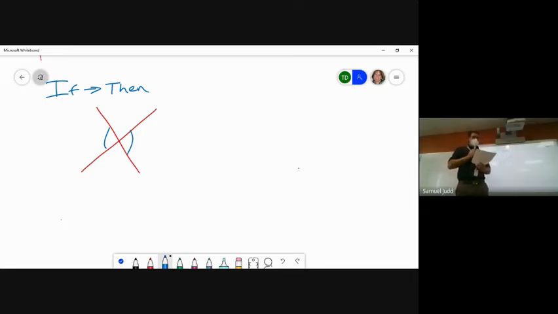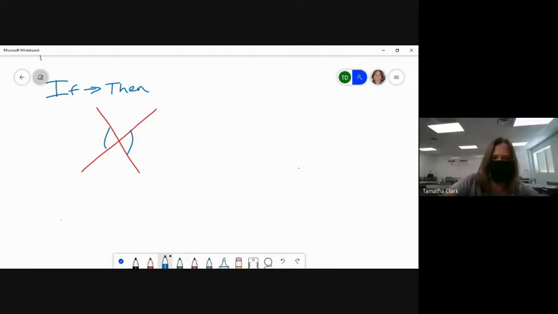What about if I change the statement a little bit? If two vertical angles are formed by the intersecting of lines, then these two angles are complementary. Well, let me draw a picture again. Let's see. I guess I could say that's 45 degrees, 45 degrees. So that would be true.